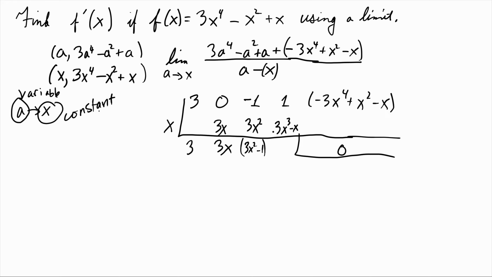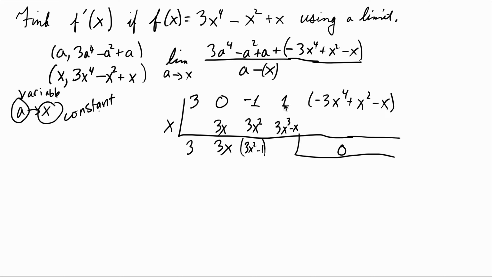Is that right? Yes. Let's see, 3x squared minus 1. Did I write that down? Oh yeah, because I changed signs. Just double checking. Okay, and yeah, this looks good.